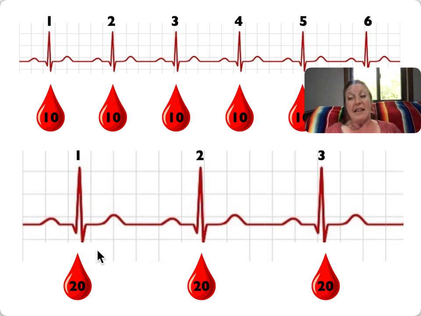That means they only have to have 3 heartbeats. 3 times 20 is 60, the same volume of blood. And this is why one of the long-term adaptations to exercise is that the heart rate in general is slower. It's just getting stronger and better at its job.